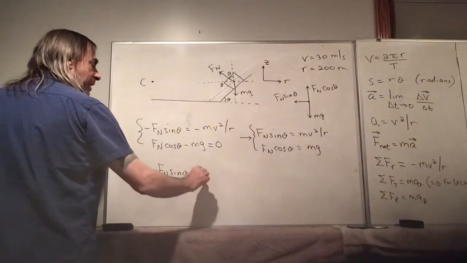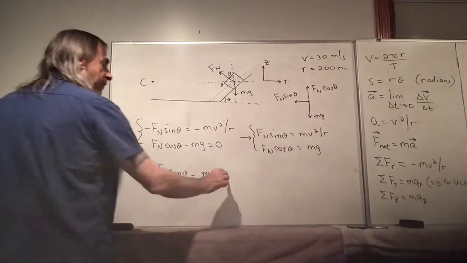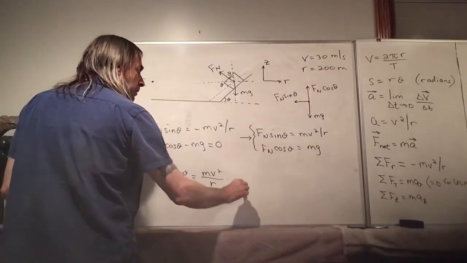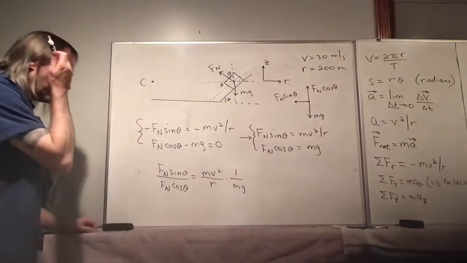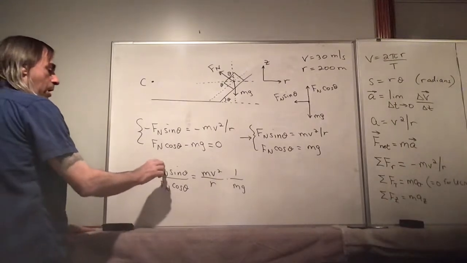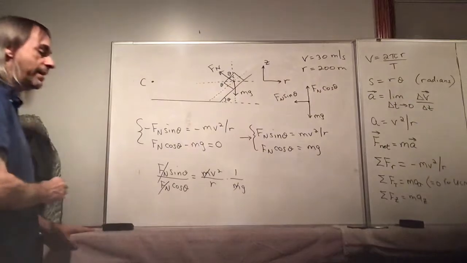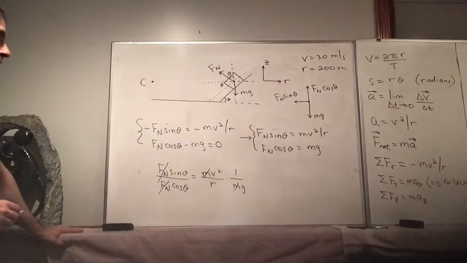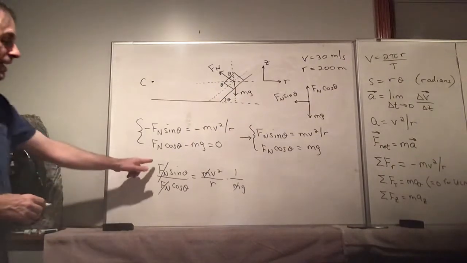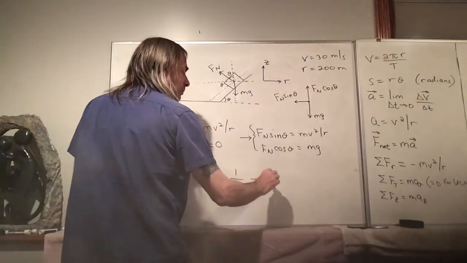And so Fn sine of theta is mv squared over r, and Fn cosine of theta is mg. A lot of things happen here. One, the normal force cancels out. And on the other side, the mass cancels out. And sine of theta over cosine theta is tangent of theta.